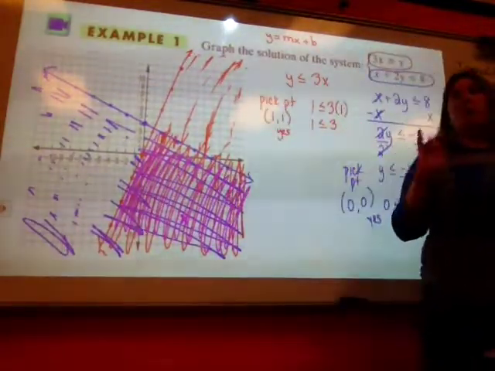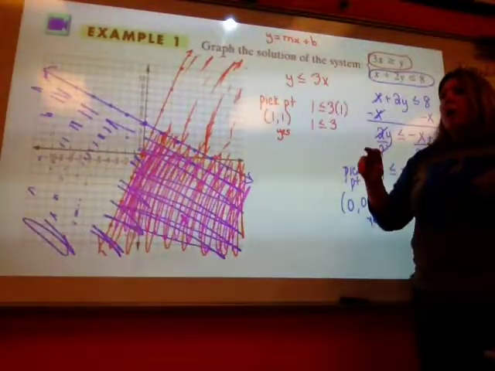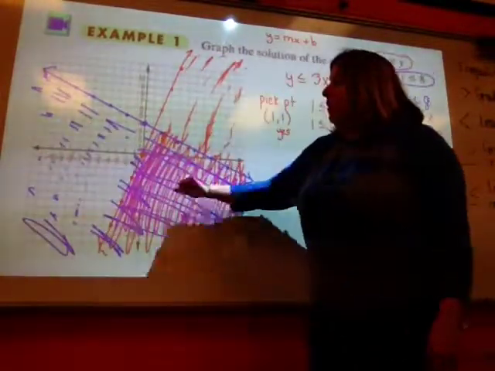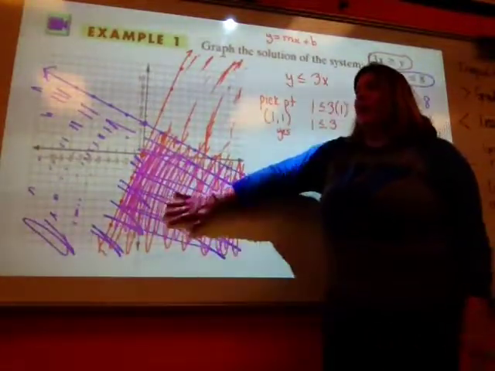Here's what's going to happen though when you do my math lab. In my math lab, you can't do this region and then do this region and then look to see where they cross. All you can shade in is the region where they cross.